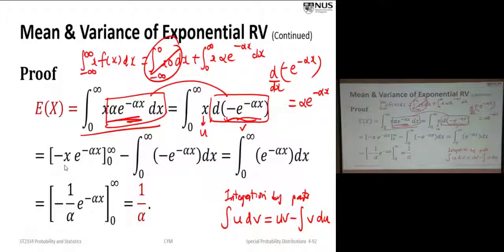So it's equal to u times v evaluated from 0 to infinity, then minus the integral. So this is uv, this is v du, this is u dv. All right? The integral of u dv equals uv minus the integral of v du.